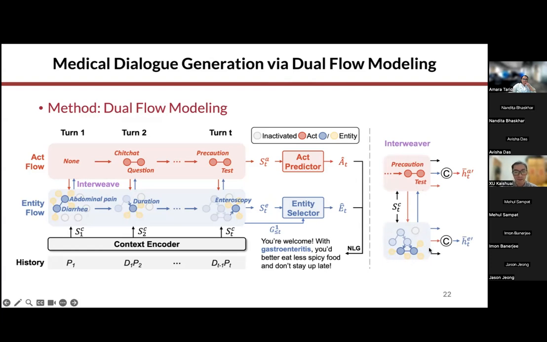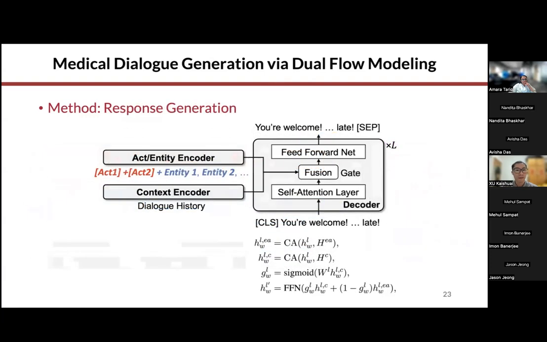Actually, these entities can reflect the topic or the information for the next response. So this module can help to capture this information. Then the response generation module will incorporate the predicted action and entities with a fusion gate to generate the next response.